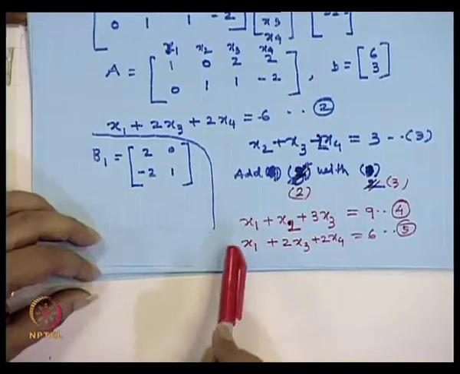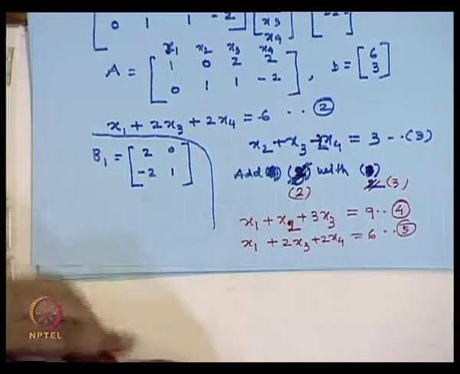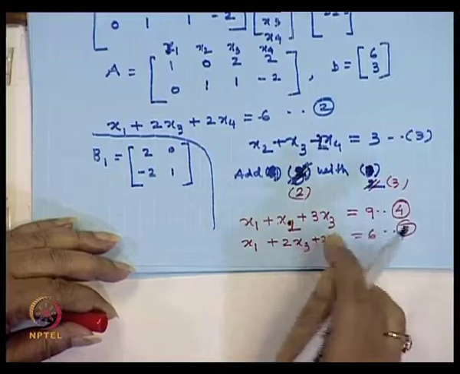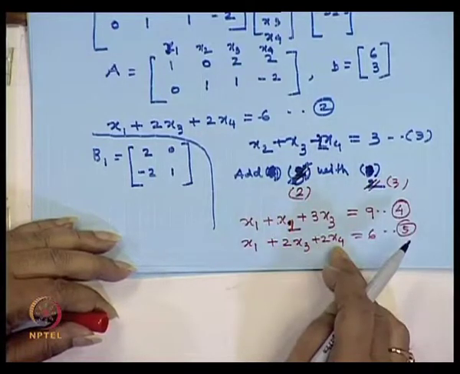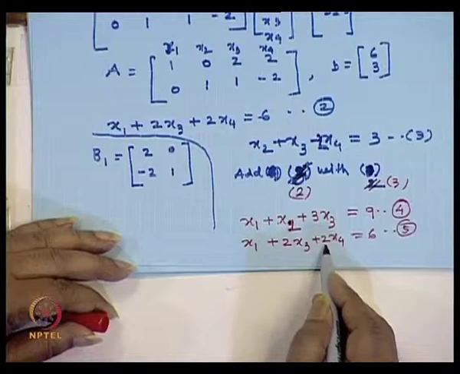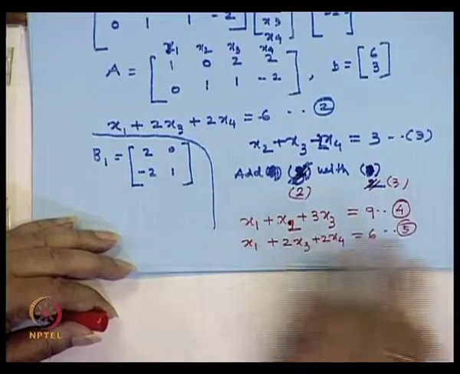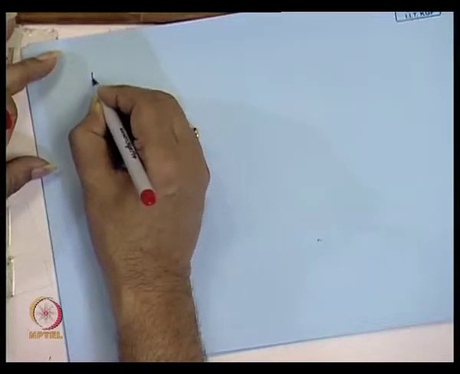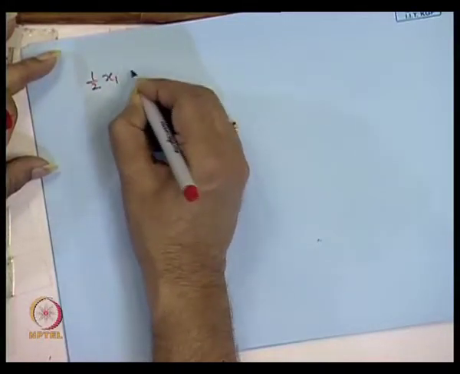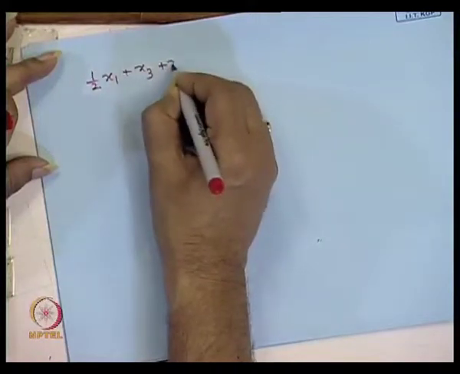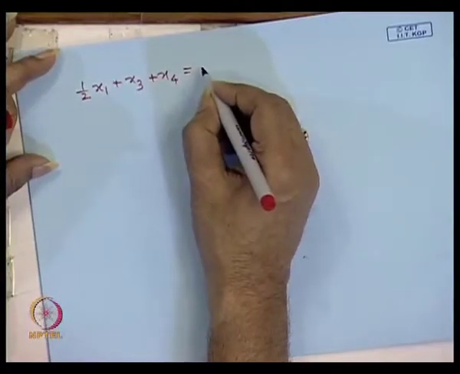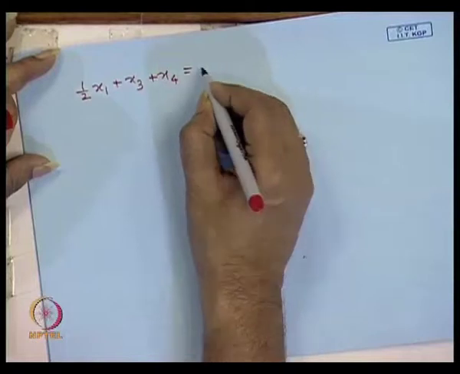Still, you see it is not converted into canonical form, because the coefficient of x 2 is 1, but x 4 is not in this equation, and its coefficient is 2. So I have to divide both sides by 2. If I divide both sides by 2, then the equation will come half x 1 plus x 3 plus x 4 is equal to, divided by 2, that means 3.